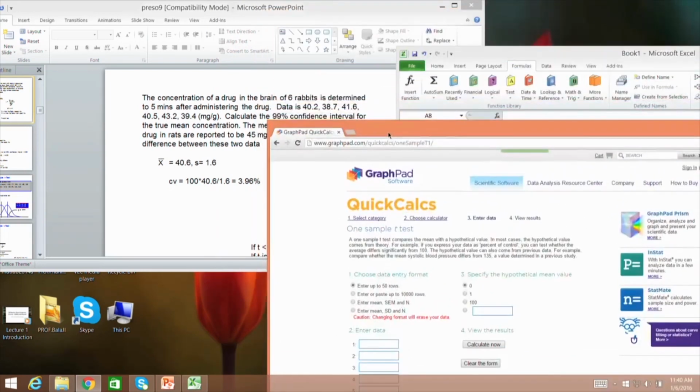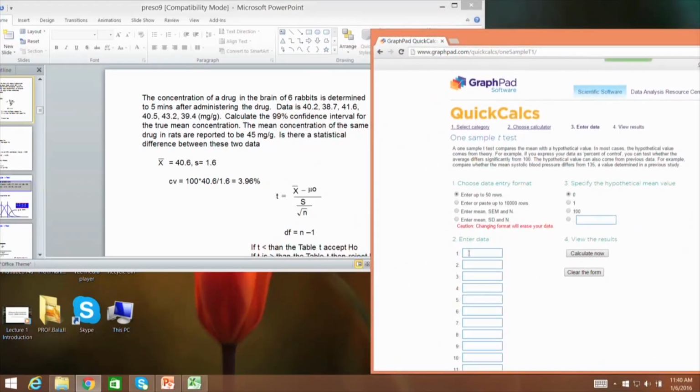So, we can give the data here: 40.2, then 38.7, then 41.6, then 40.5, 43.2, 39.4. Then we say we are comparing with 45. So, we have 6 and then mu naught is here.